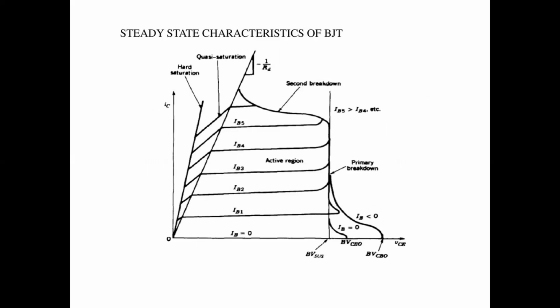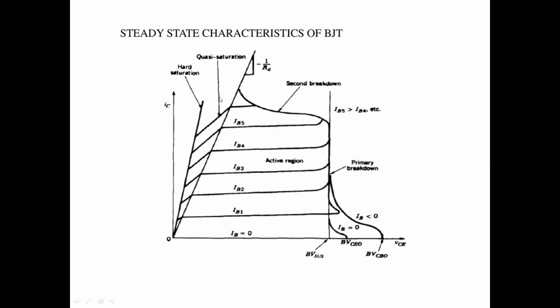If we talk about the steady state characteristics, or we can call it the output characteristic, it is between IC, the collector current, and VCE, the collector to emitter voltage. There are three main regions in this. The first one is the saturation region. The next one is the ohmic region.